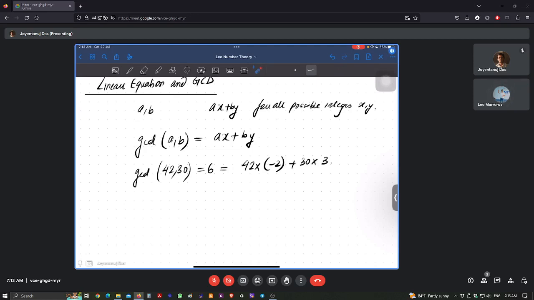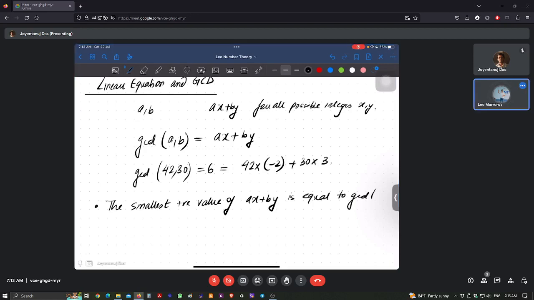So one observation, they have boxed that. The smallest positive value of ax plus by, if I vary x and y through integers, is equal to the GCD.